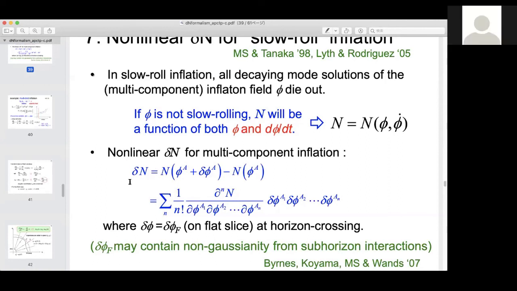But this will give you additional information about how a scalar field in multi-component field space evolves outside the horizon, which can be highly non-trivial, and to compute such things in this interaction picture is just a waste of time, and everything's so messy. Yeah. So that's the whole point.